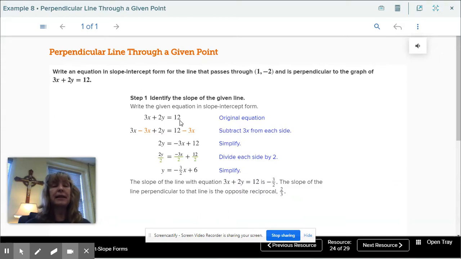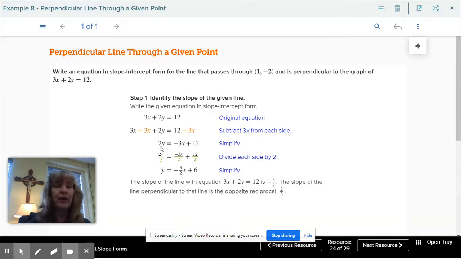We need to get it into slope-intercept form. To determine the slope, it needs to be y equals at the end. So you're going to do some moving around. X moves to the other side, so you have to subtract 3x from each side. Your new equation is 2y equals -3x plus 12. Move these around so that you have your y-intercept at the end.